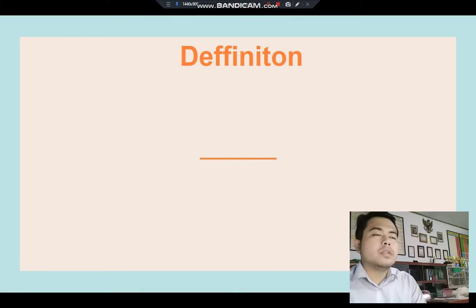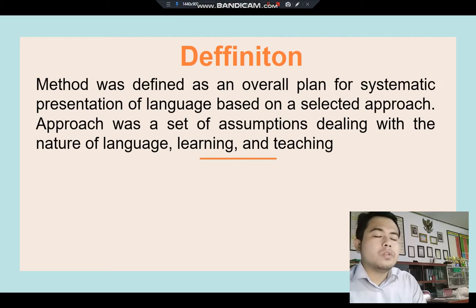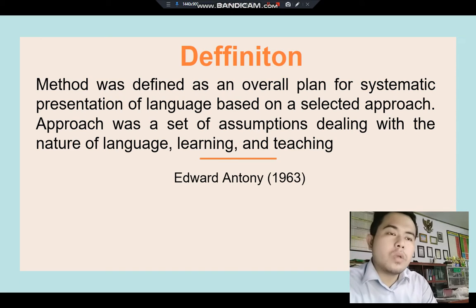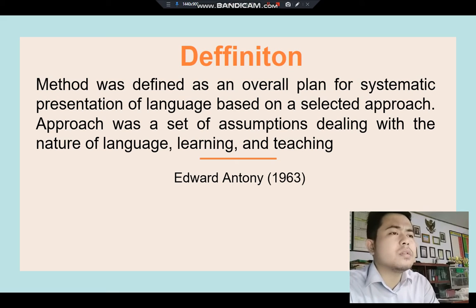In this segment, I would like to show you some definitions that have been stated by famous experts. Actually, there are many definitions about method and approach, but the most famous is from Edward Anthony in 1963, where he defined method as an overall plan for systematic presentation of language based on a selected approach.